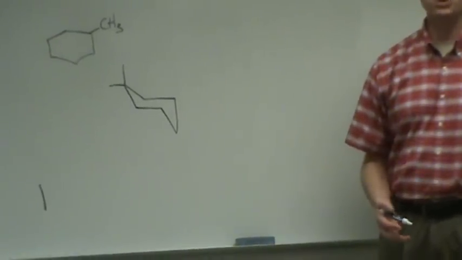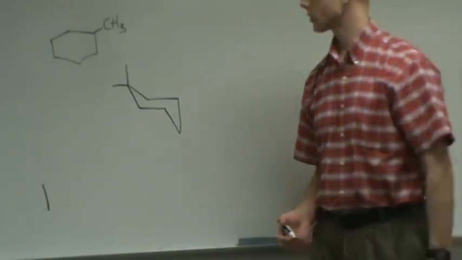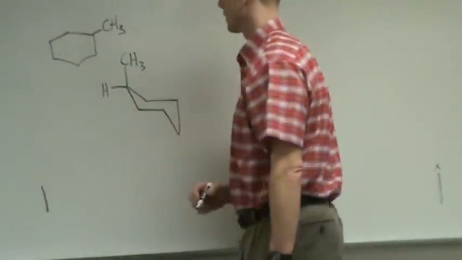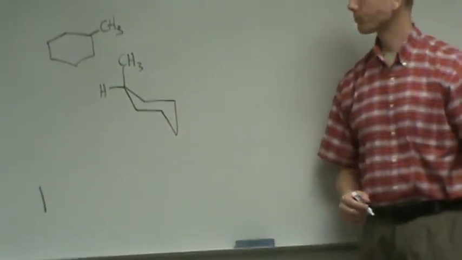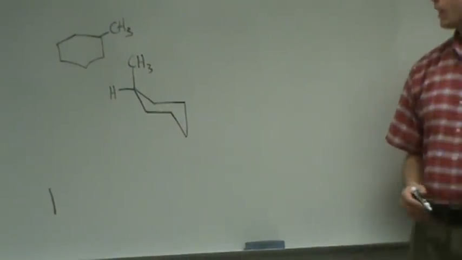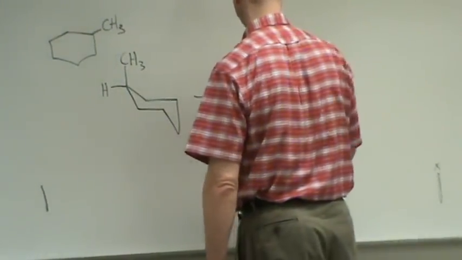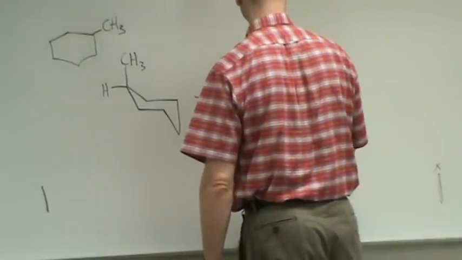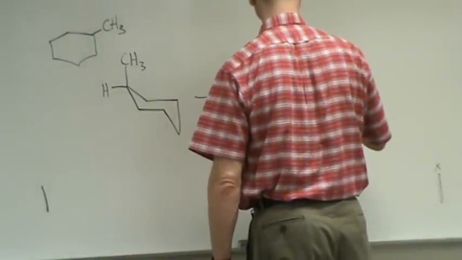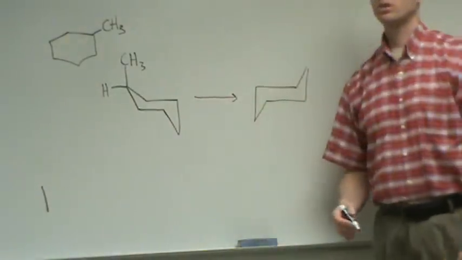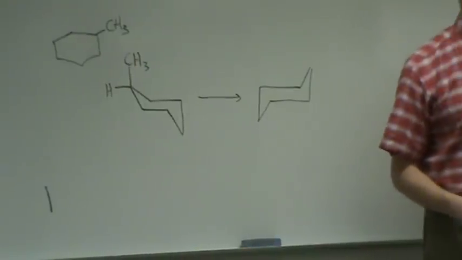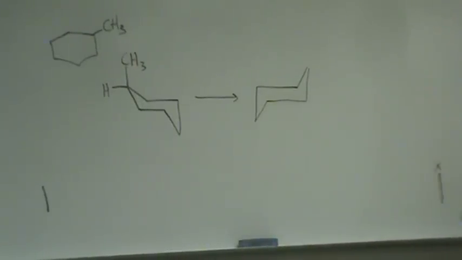And it doesn't matter which one I put it on. Let's just make a choice. Let's just put it on the axial. But now, once I have that axial and I do a ring flip, where's it going to end up? On the equatorial.